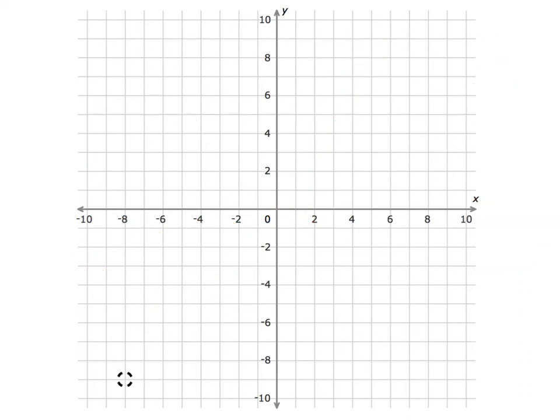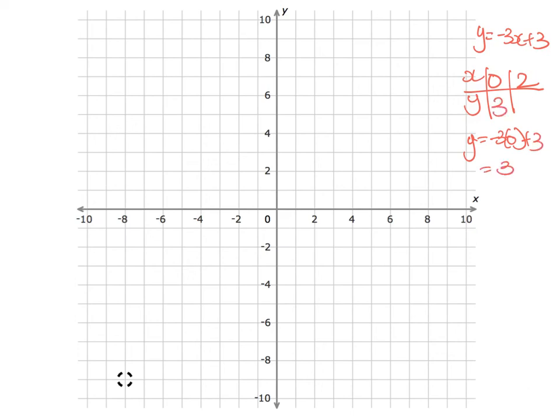So suppose I had the equation y equal minus 3x plus 3. Once again, to get that line, I just need 2 points. So I choose easy points when x is 0, and I can choose when x is 2. When x is 0, I get that y is equal to minus 3 by 0 plus 3, which gives me 3. And when x is 2, y is equal to minus 3 by 2 plus 3, which gives me minus 6 plus 3, which gives me minus 3.